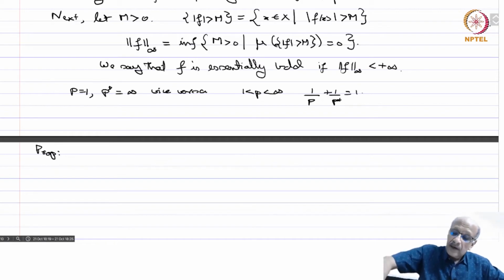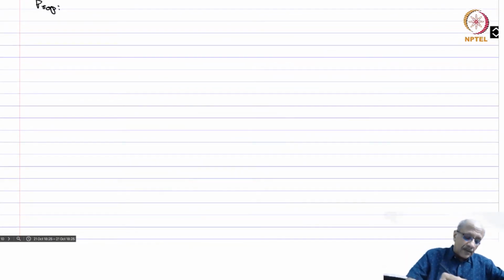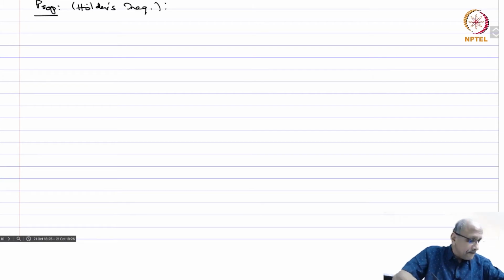Okay, so now we meet an old friend, proposition. So we have Hölder's inequality. Let 1 less than or equal to p less than infinity and p star the conjugate exponent.